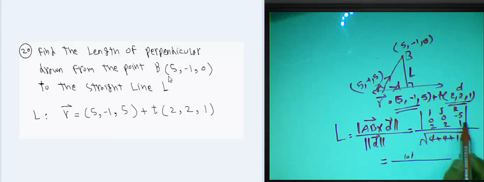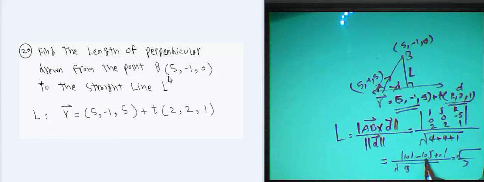J will be negative, row and column, 0, negative 10, it will be negative 10 J, and K equals 0. We can write the square root of 9, it will be 3, and the square root of 10 plus 10, it will be 10 and negative 10 and 0. Write the square root of this vector, 100 plus 100 equals 200. Square root of 200 over 3 will be 10 root 2 over 3.